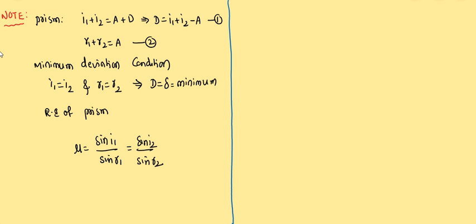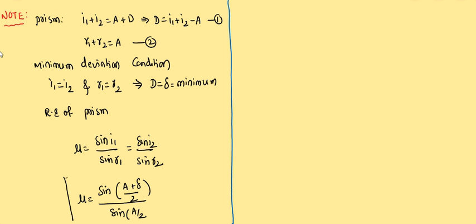Or otherwise, if you find out the I1 and R2 from equation 1 and 2, we will get the formula: sine of (A plus delta) by 2 by sine A by 2.